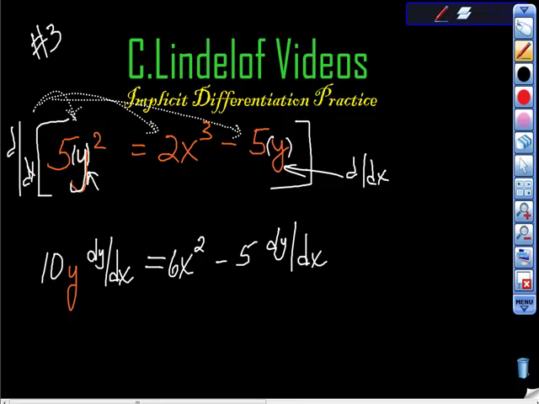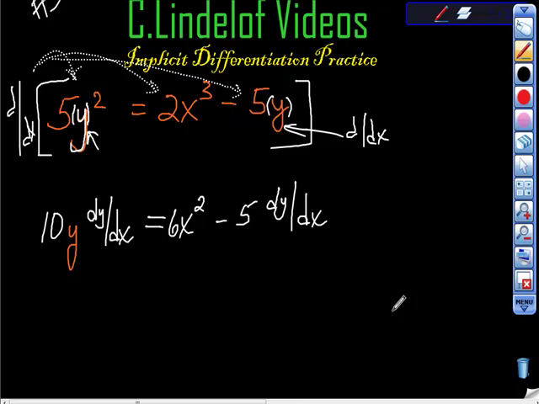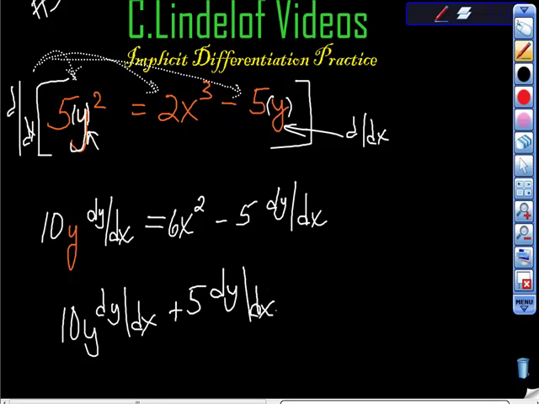So I hope this is making sense. It's not super hard. You just have to practice it and remember that everything kind of looks like the chain rule here. You will hopefully notice that we have dy/dx on both sides. So I'm just going to do a little bit of algebra here. So I'm going to get my 10y dy/dx. I'm going to add 5 dy/dx to both sides, so plus 5 dy/dx. So you see I'm getting all my factors of dy/dx on one side, equal to 6x squared.